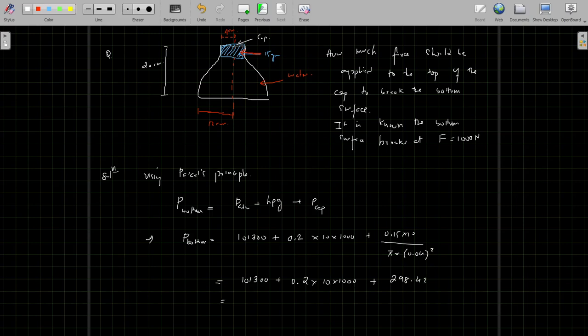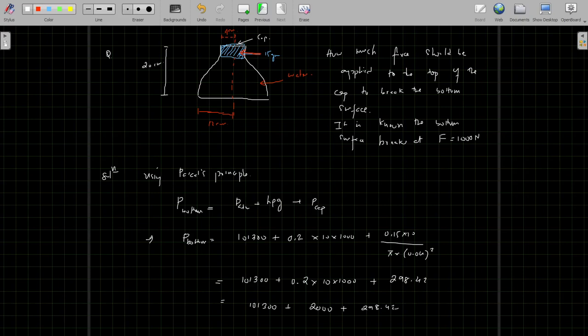So if I solve this further, 0.2 into 10 into 1000, I get here 2000. So 101,300 plus 2000 plus 298.42.